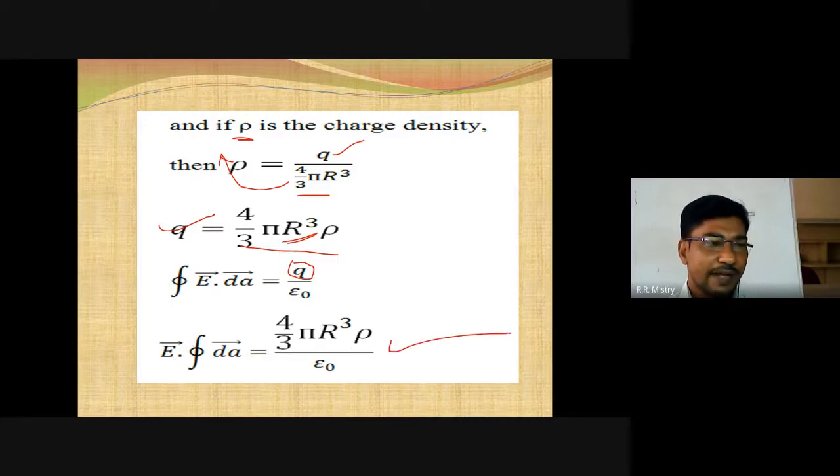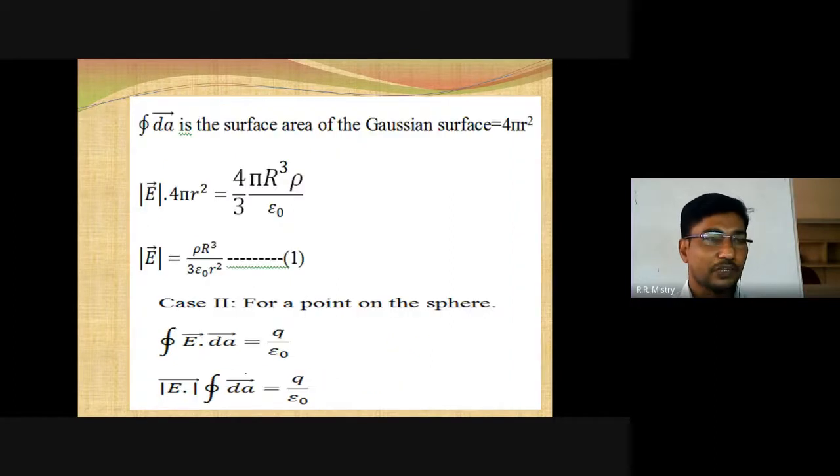Now this is outside, and we find the surface integral of dA. The surface integral of dA is the surface area of the Gaussian surface, the imaginary surface we drew.